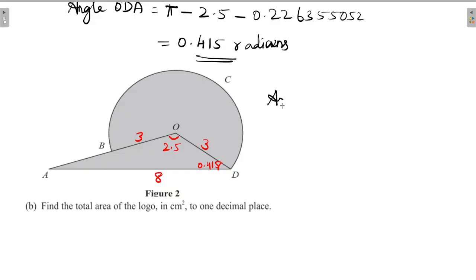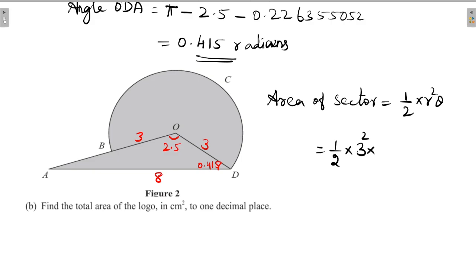So, area of the sector. We know the formula. Area of the sector is half times r squared theta, if theta is a radian value. So half times the radius of the sector, 3 squared, times theta. See, this is the major sector, so we can find theta.